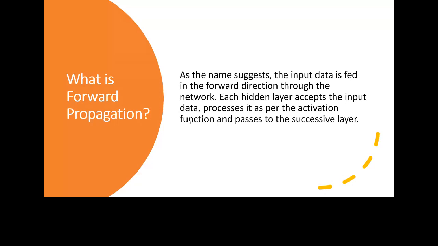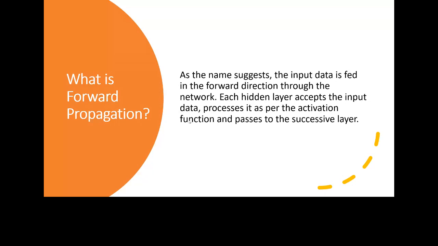You have the inputs, then it's giving the output to the hidden layer, and then the hidden layer is again computing, and so on. It's moving in the forward direction. That is forward propagation. I have one more small video here on forward propagation, which you can just see.